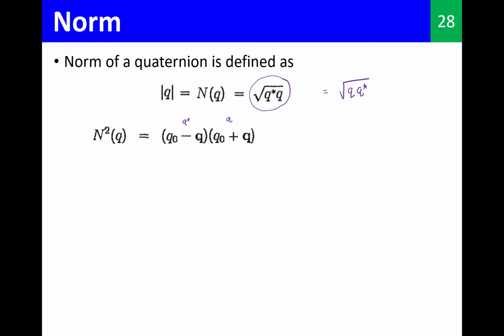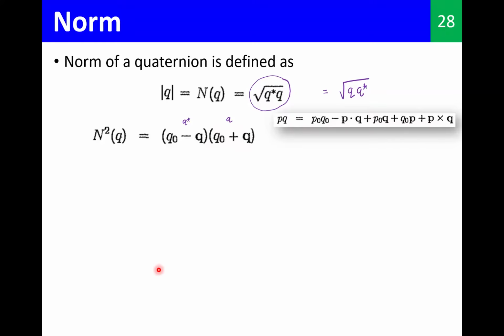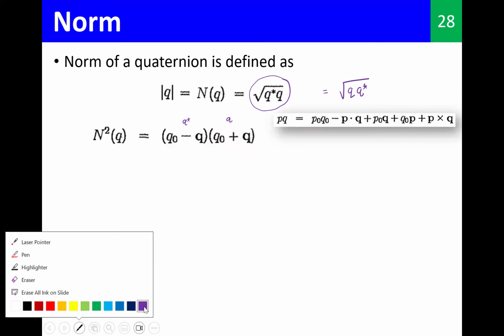This is basically multiplication of two quaternions, just like p and q. So we now know the formula for the multiplication of two quaternions, and I can make use of that to find the answer for this. So I get, okay, quickly write it down.